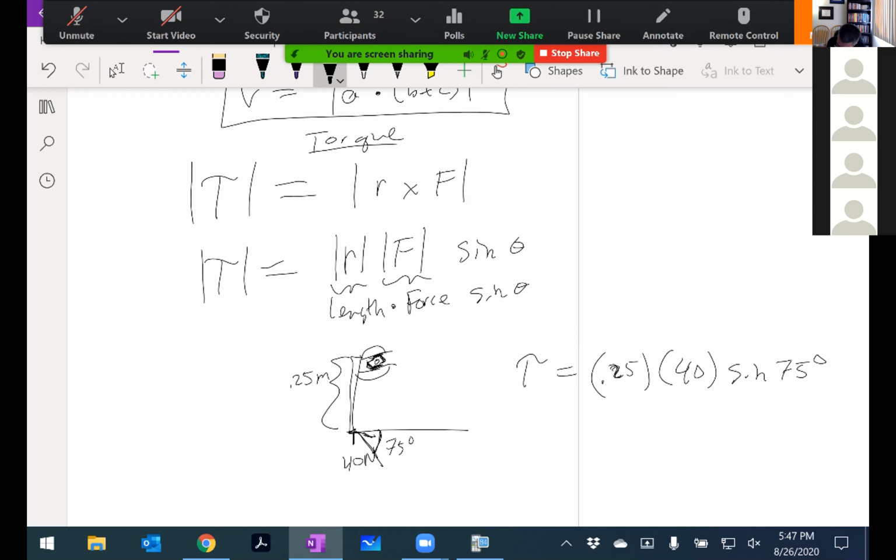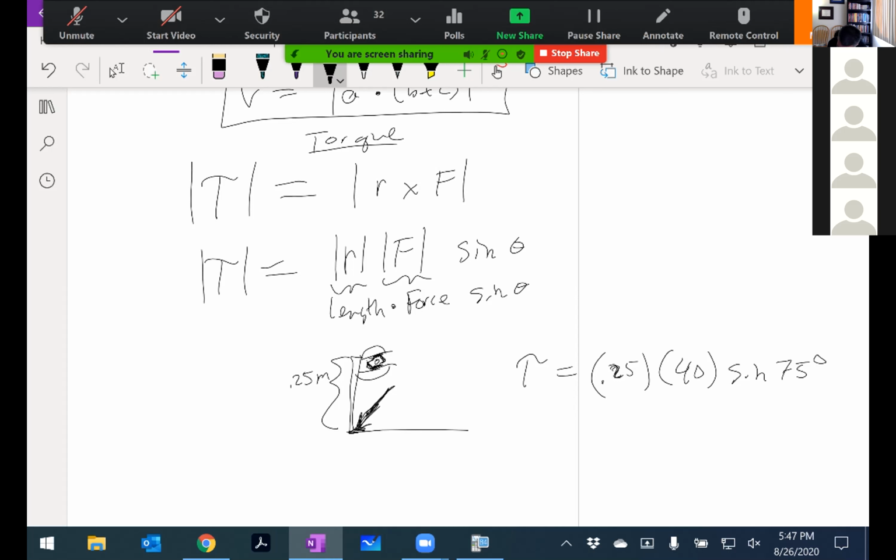I think I drew the picture wrong. I think the angle should be here, because an angle of 90 degrees should just give me 1. The sine of 90 is 1, right?